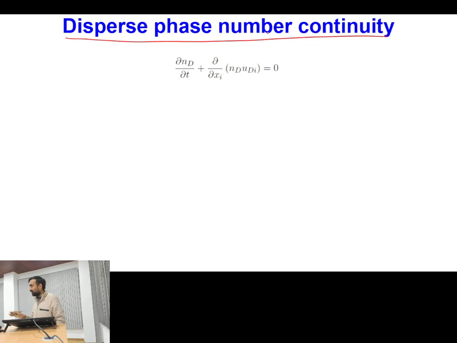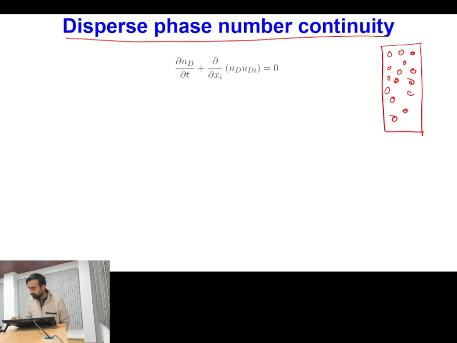Is this point clear? The meaning is, say this is my volume, total volume, and in this total volume I am having a number of particles present, okay. So these particles are nothing but dispersed phase particles, and in the surrounding what I am having? Continuous phase, okay.